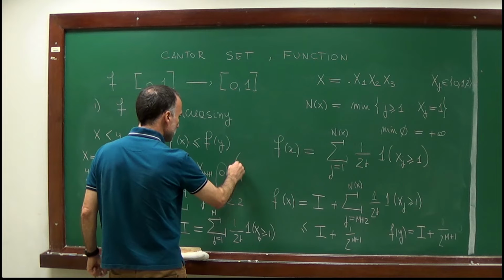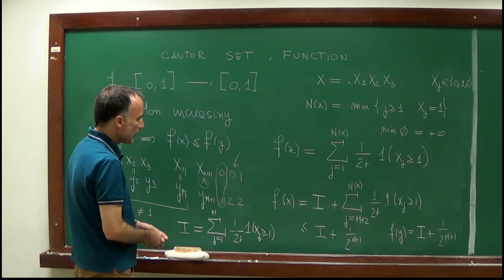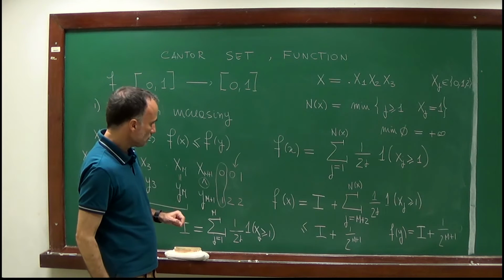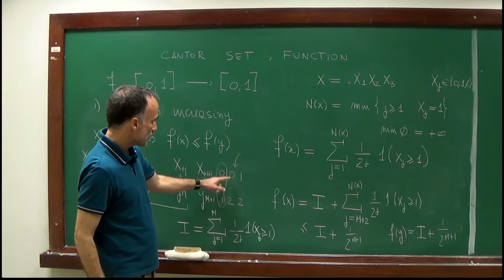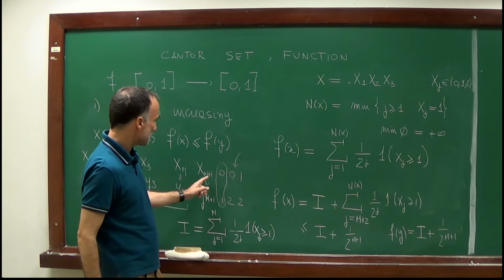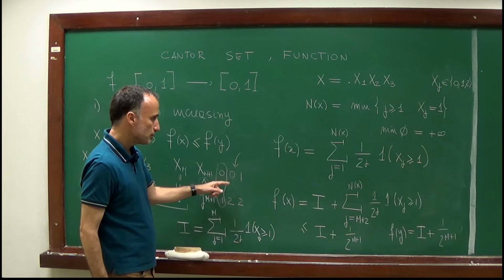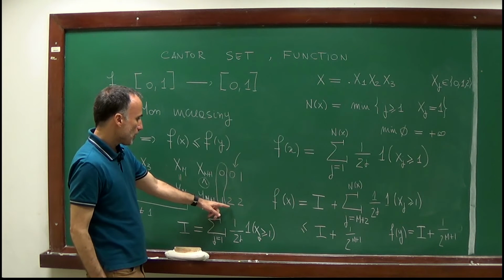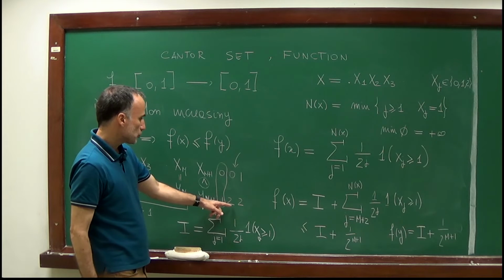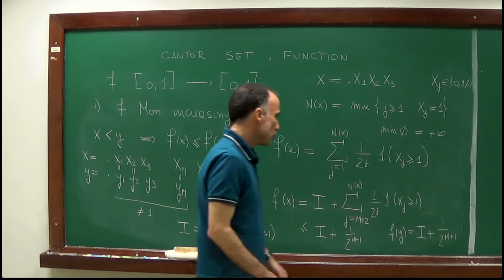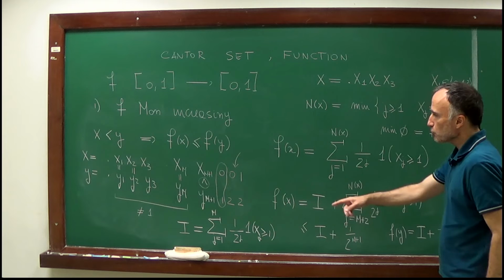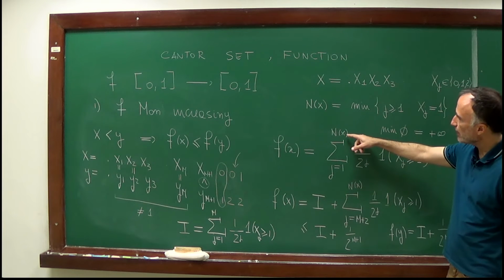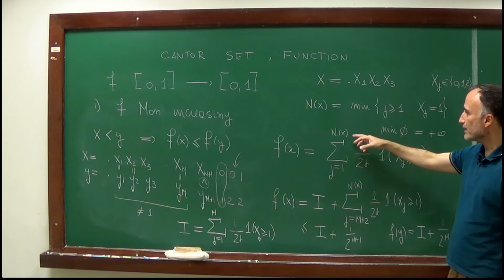So now let's consider the second case. In the second case, f of x did not change, because I'm assuming still that x_{m+1} is 0. So here is a bound for f of x. While for y, I'm assuming that y_{m+1} is 2. So if y_{m+1} is 2, this means that n of y is at least m plus 2.